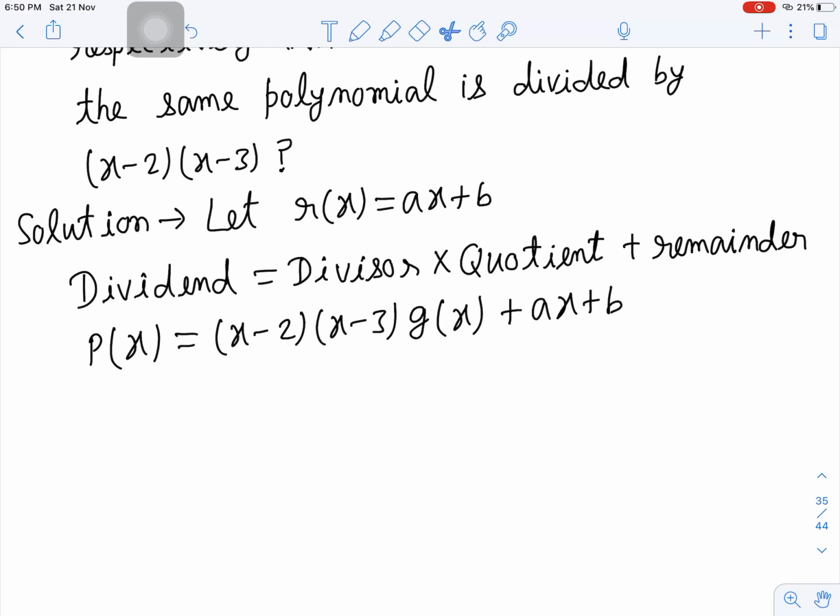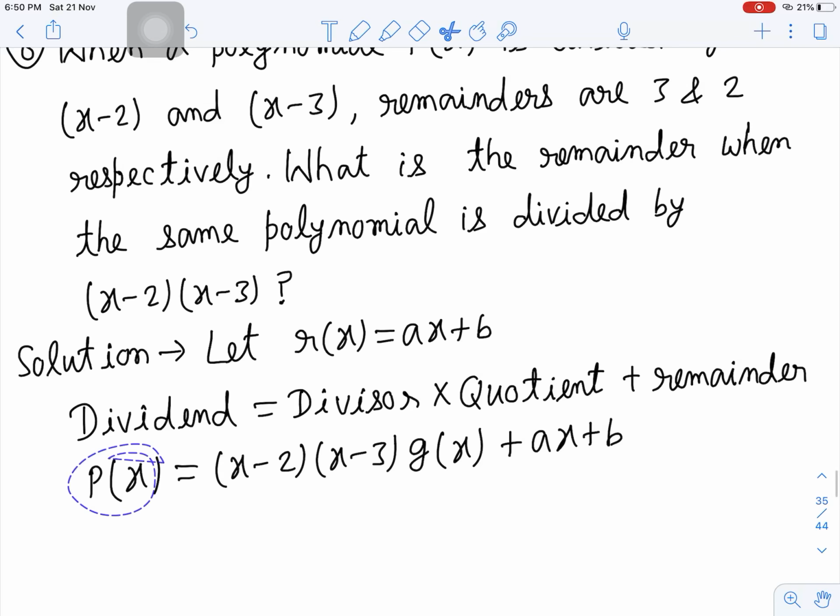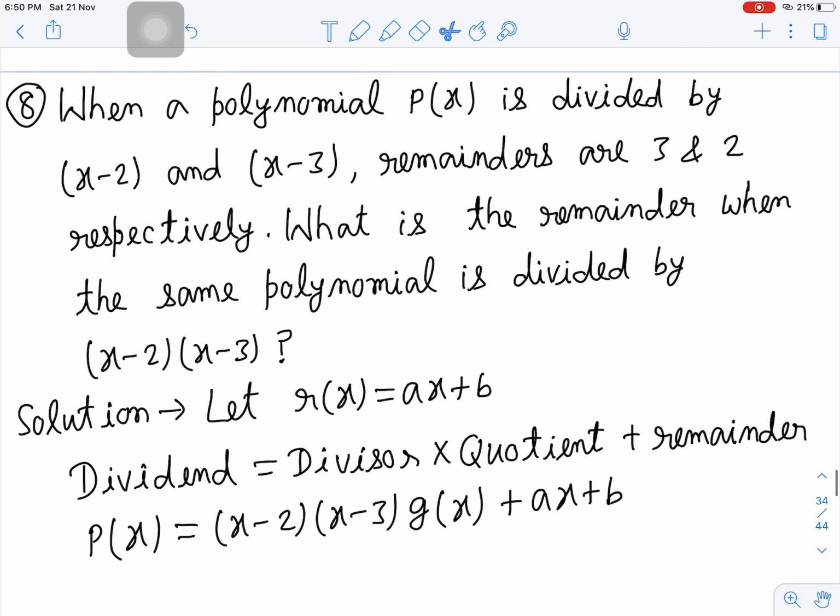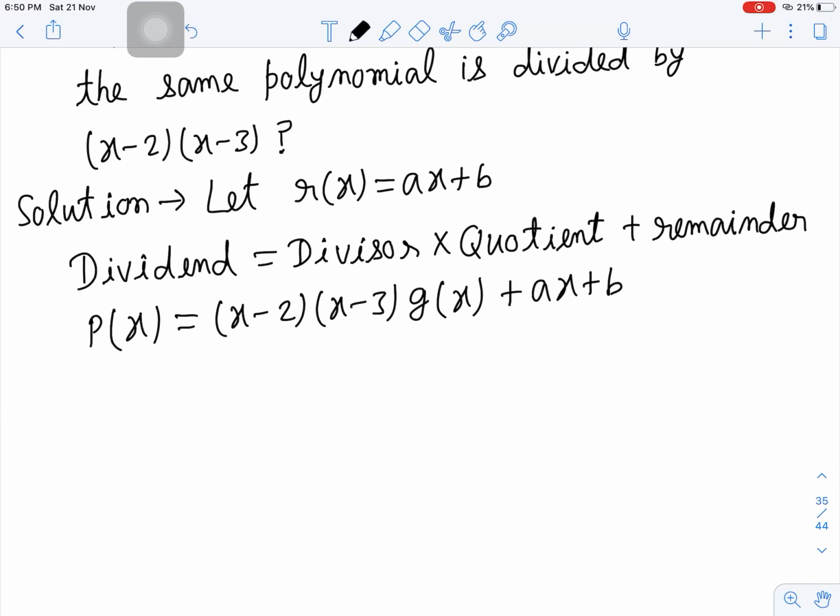Now, when you divide p of x by x minus 2, the remainder is 3. By the remainder theorem, whenever you divide, suppose, f of x by x minus a, what is the remainder? It is given by f of a.